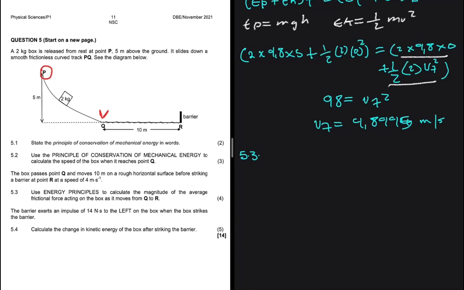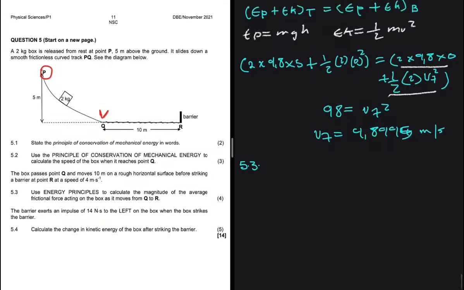Let's jot down all the information we have so that the information can guide us on which formula we need to use, because we don't just pick a formula randomly. We have to be guided by the variables we have. The speed that we calculated in 5.2, which is the velocity at Q, for our motion from Q to R, that speed is going to be Vi, even though from P to Q it is Vf.